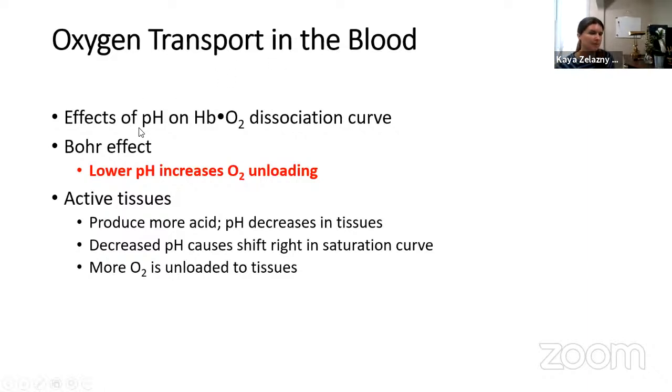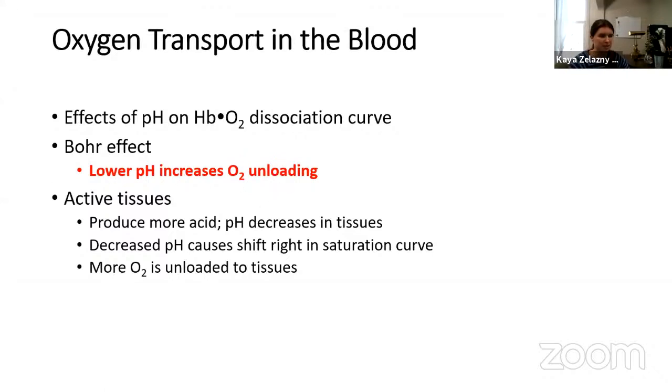So when we have an effect of pH on that dissociation curve, remember that basically a lower pH gives us a rightward shift. Okay, and what that means is that lower pH or acidity basically increases O2 unloading, so it makes that oxygen more available to the tissues, but conversely would make it harder to bind O2 onto the hemoglobin.